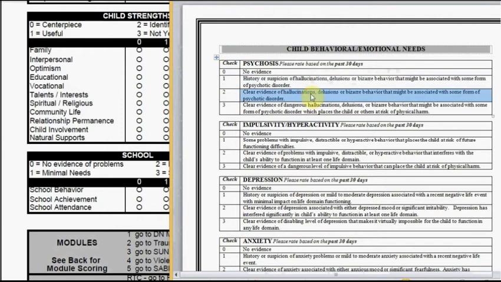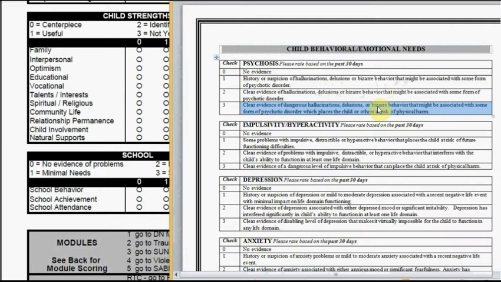2, there is clear evidence of hallucinations, delusions, or bizarre behavior that might be associated with some form of psychotic disorder. So what we have are the positive symptoms, but we don't have really the diagnosis. And in 3, we have the hallucinations, delusions, or bizarre behaviors, but in 3, they're dangerous.